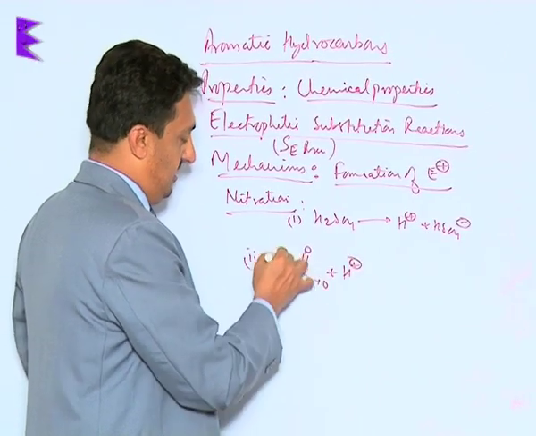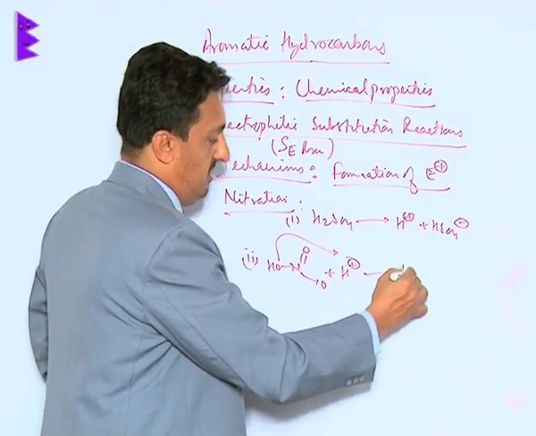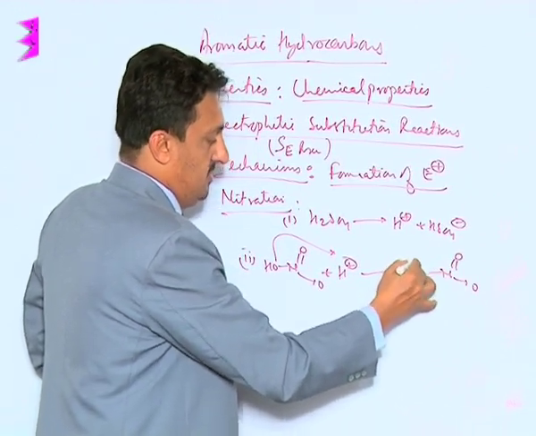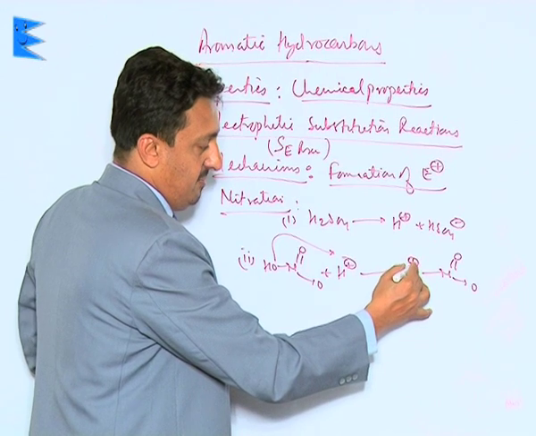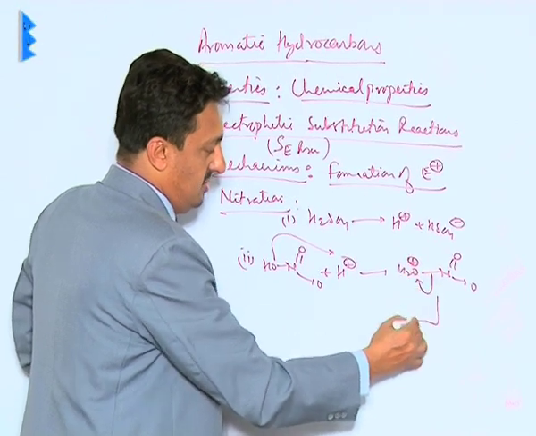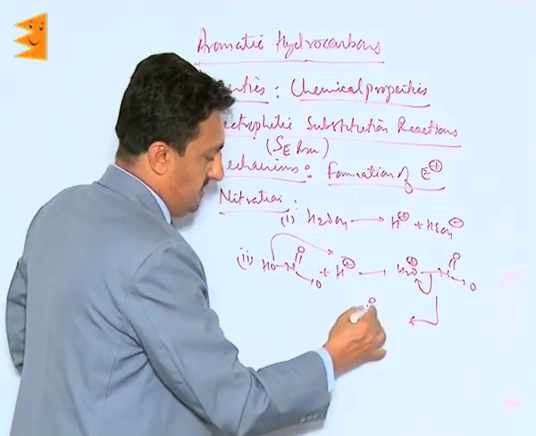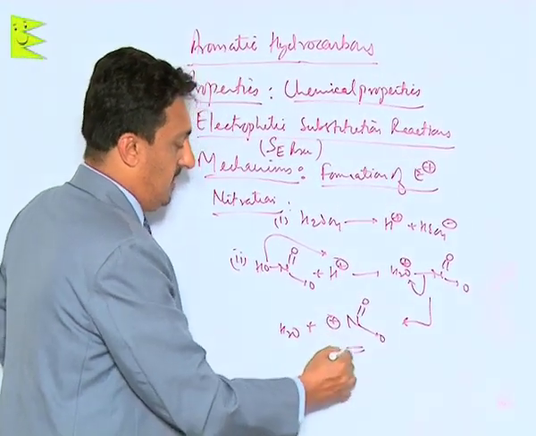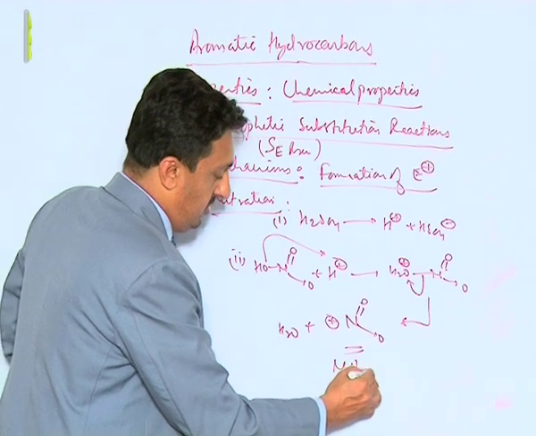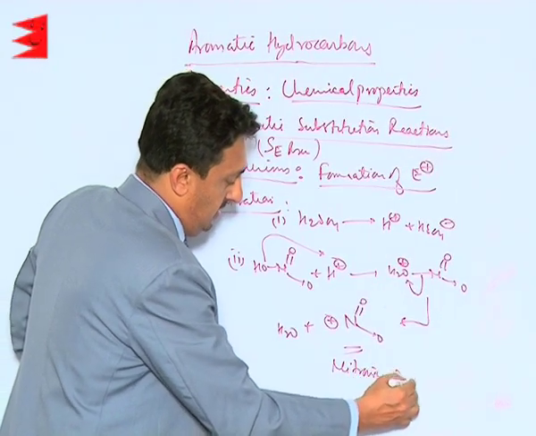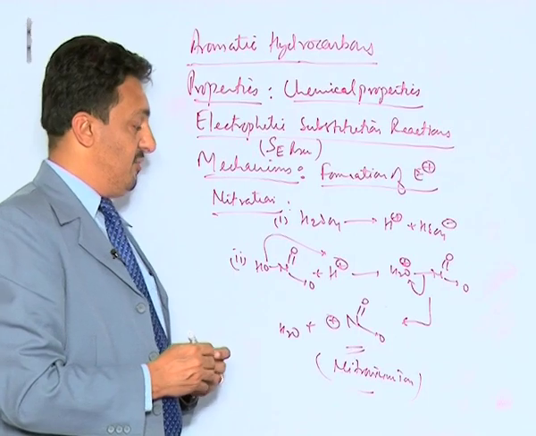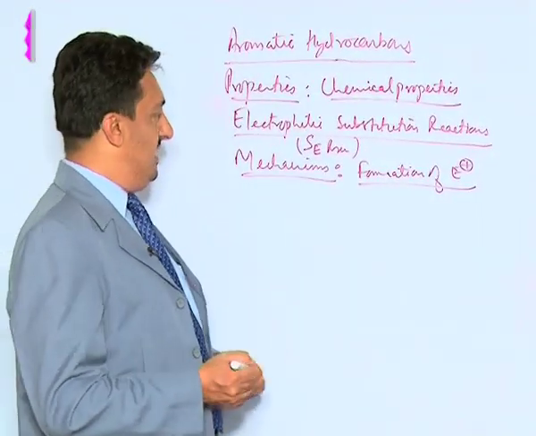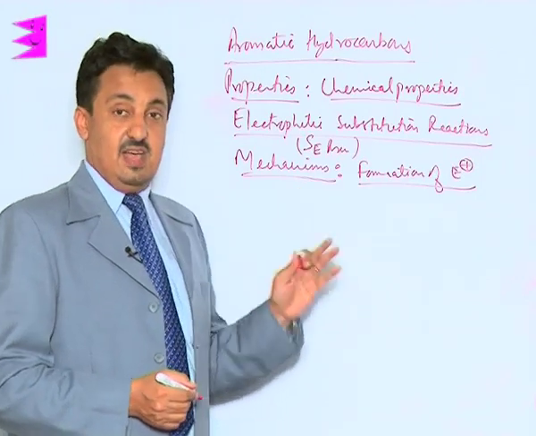This H plus attacks the OH group of nitric acid and converts it into water, and the oxygen acquires a positive charge. It withdraws electrons, and it gives us the nitronium ion and water. So this is how we get the nitronium ion, which is our electrophile for the electrophilic substitution reaction. And the second step of this mechanism is the attack of the electrophile.